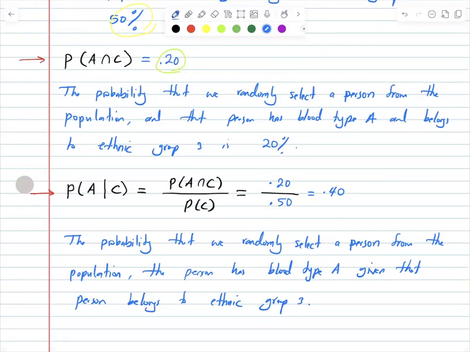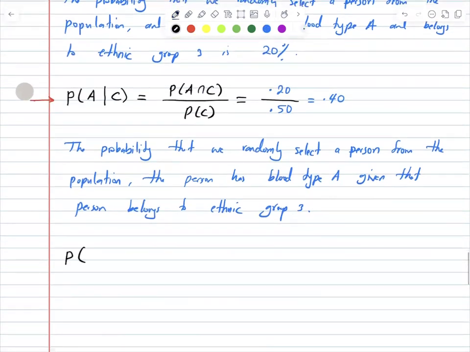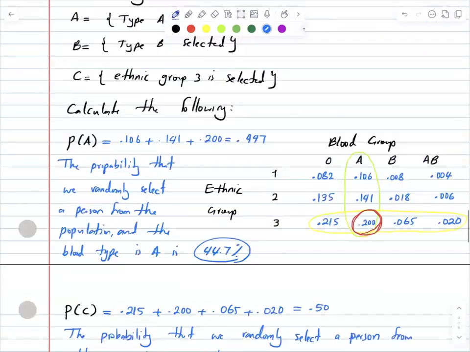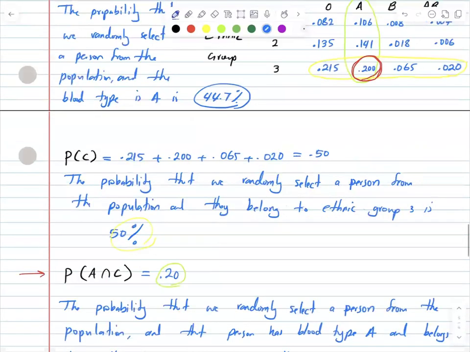What if I switch this around? Suppose I ask you to find the probability of C given A. Now, what is the probability that you randomly select a person from the population and that person belongs to ethnic group 3, given that they have blood type A? So now the numerator is the same, their intersection, but on the denominator, you're going to have the probability of A. So on the numerator, you still have 20%, but on the denominator, we look for the probability of A that we calculated up here, 0.447.